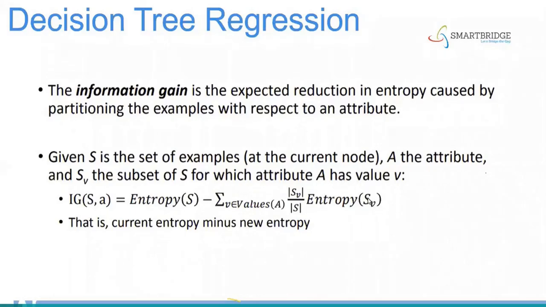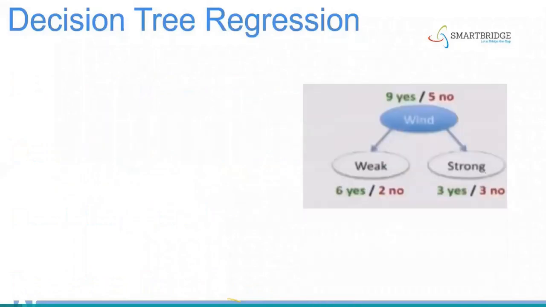So here how many subsets do we have? We have outlook as a subset, we have humidity as a subset, and we have wind as a subset. So first of all, you have to calculate the entropy of outlook, entropy of wind, entropy of humidity. First we will calculate the entropy of the wind.